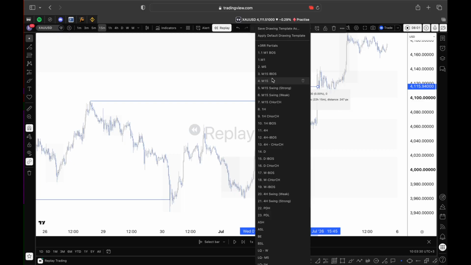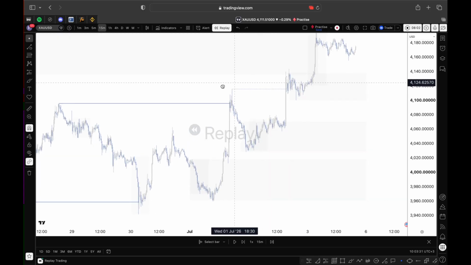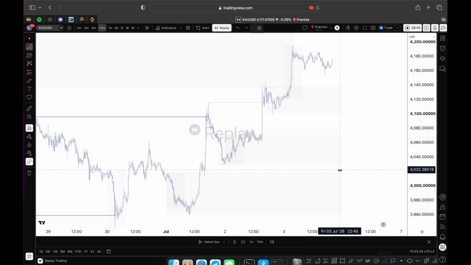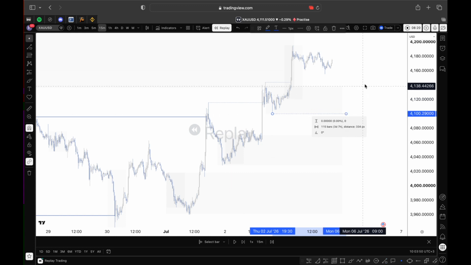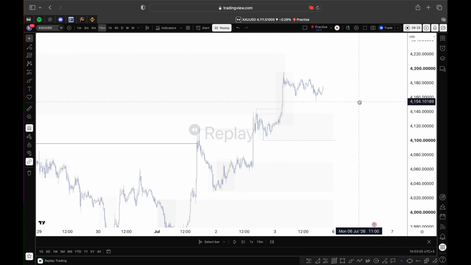So I'll map them as internal structure. This being my internal structure, and towards the week open, this was my last break of structure there, and all I was watching was this 4H zone aligned with that internal structure.